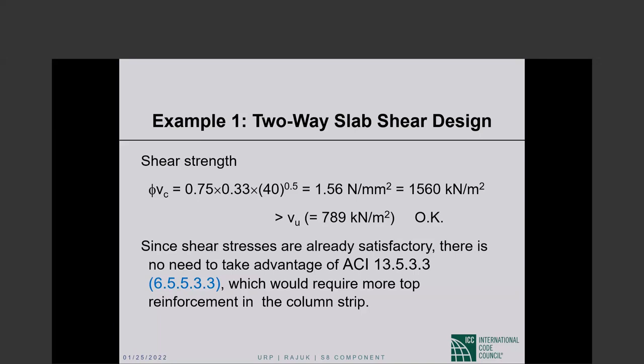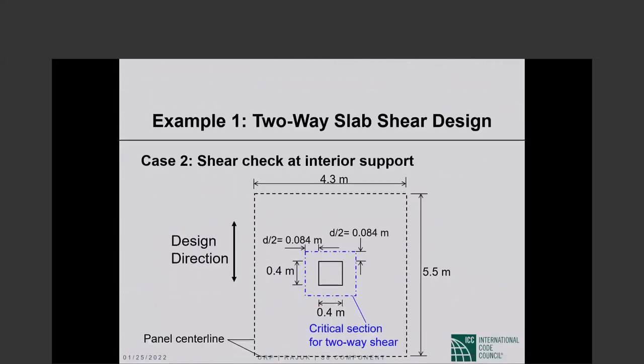So in this particular example, since there is no shear problem anyway with a gamma sub f of 0.62, there is no point in increasing that to 1.0.